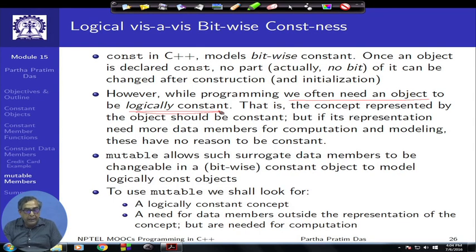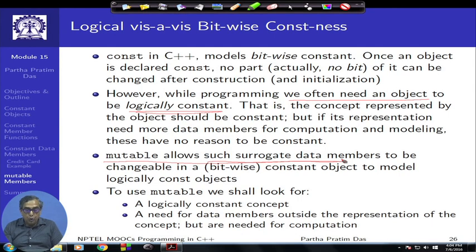Now, if I make the object constant, since all bits are constant, nothing can change. Certainly all those so-called mutable surrogate data members which are just supporting the computation also cannot change, and therefore I cannot write the code. Mutable has been provided to work around this problem.